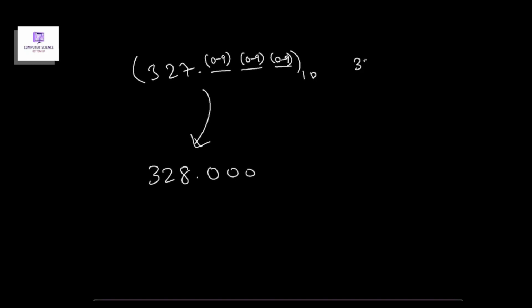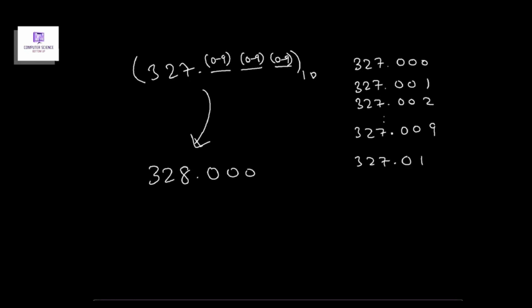So from 327.000, 327.001, 327.002, and so on, 327.009, 327.010, and this way it will go on till 327.999.